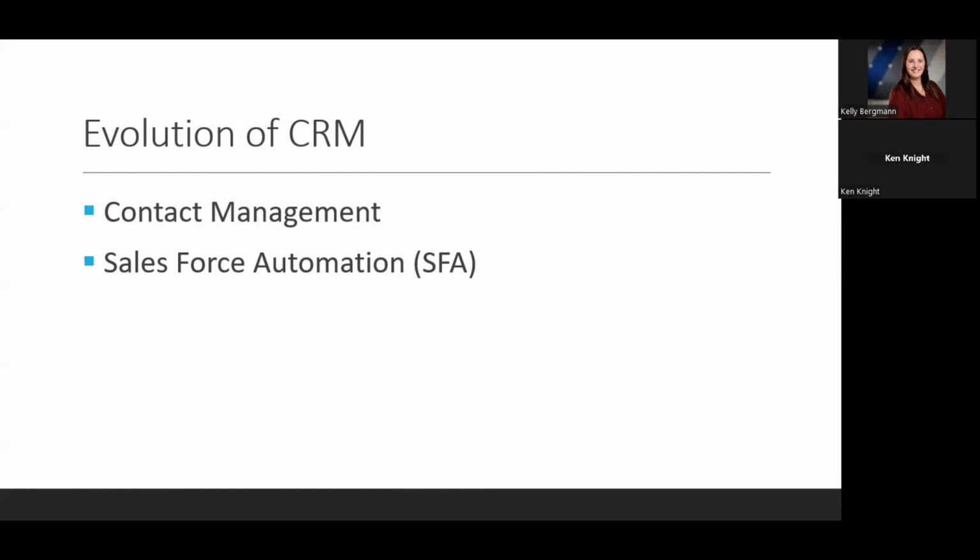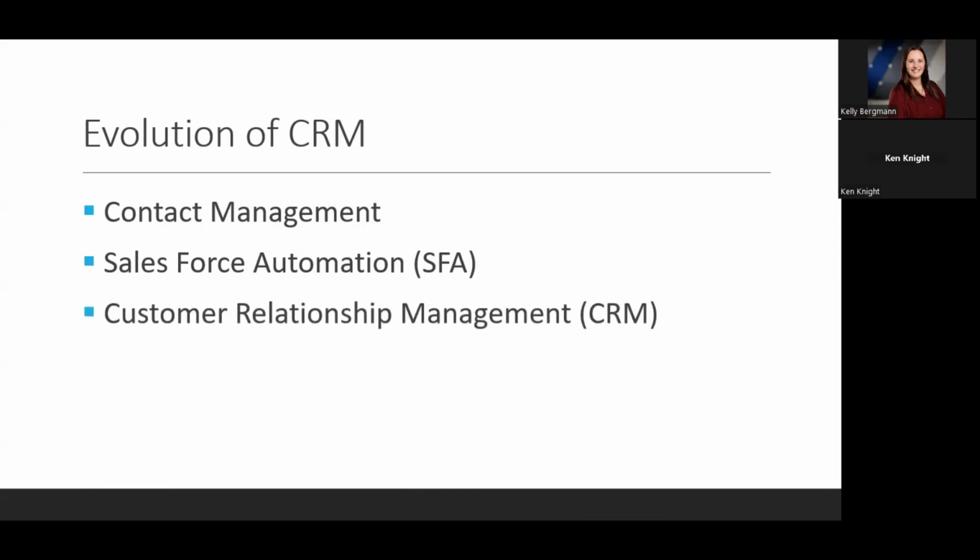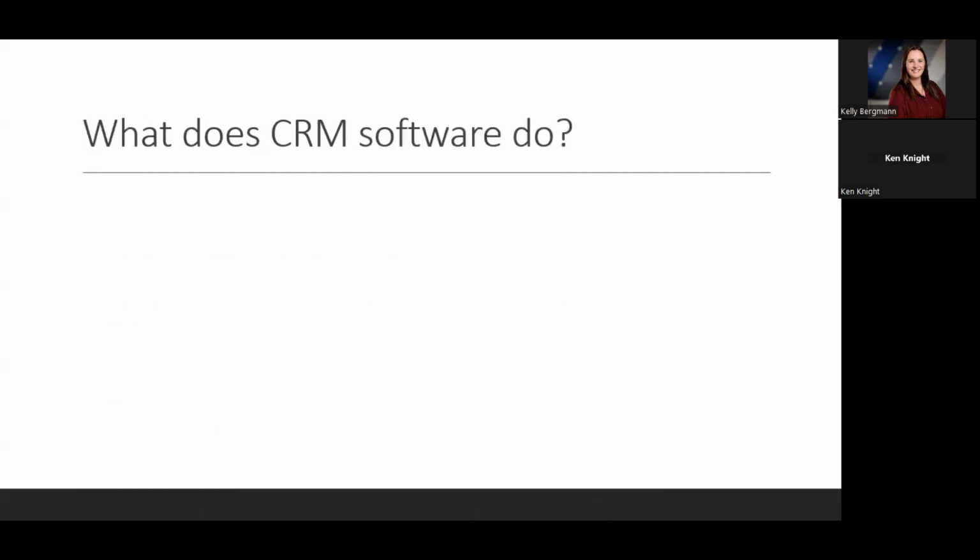The next step beyond that, and where we are today, is customer relationship management. With customer relationship management, we're taking into account not just sales efforts, but supporting our existing customers and making sure that we are optimizing our interactions with them in all aspects of our contacts with them.